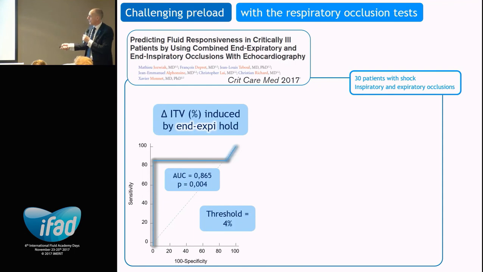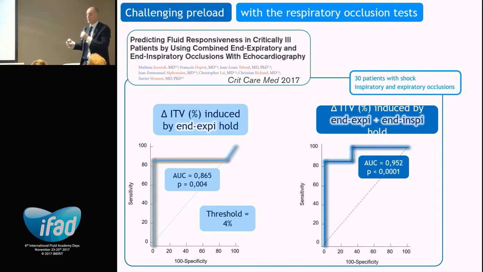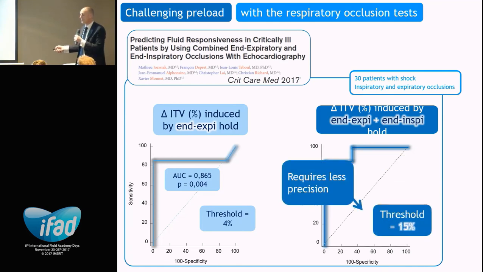The area under the ROC curve was good for end expiratory changes, but the threshold was 4%, which is far below the precision of echocardiography, small changes that echo cannot measure. If we added the effects of end inspiration, the area under the ROC curve was the same, but the threshold was higher and more compatible with the precision of echo.